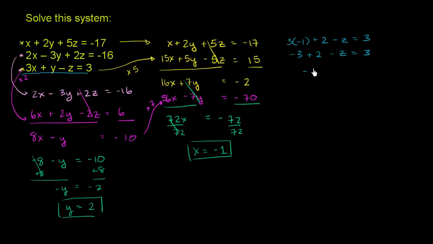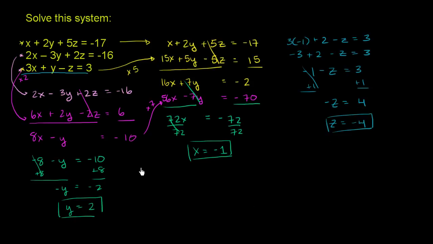And this is negative 1 minus z is equal to 3. Then add 1 to both sides. These cancel out, negative z is equal to 4. Multiplying both sides by negative 1, you get z is equal to negative 4.